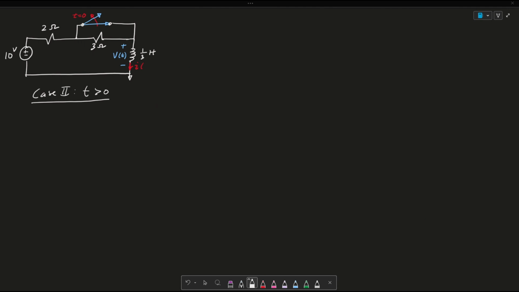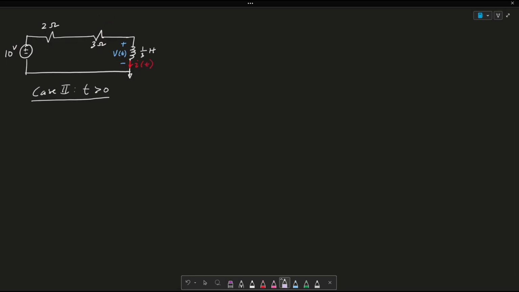The next case we need to consider is case number 2, where time is greater than 0. Since my circuit opens up, this now becomes an open circuit, and since current can't flow through it, we can get rid of this section right here.